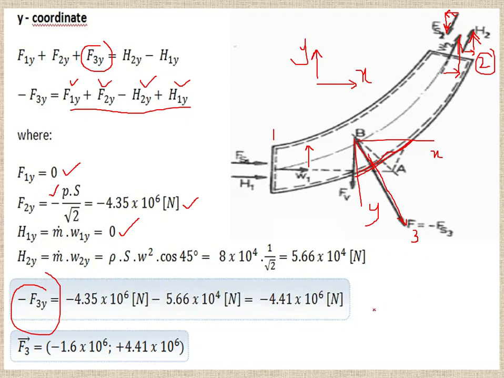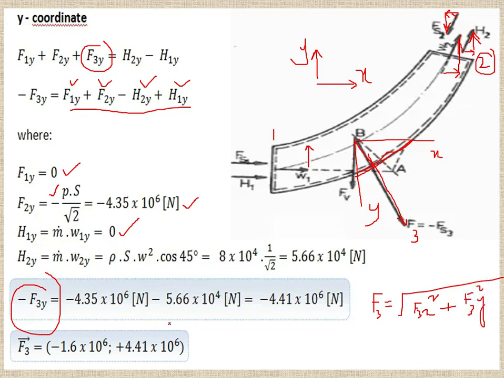So the net force F3 is equal to the square root of F3x squared plus F3y squared.